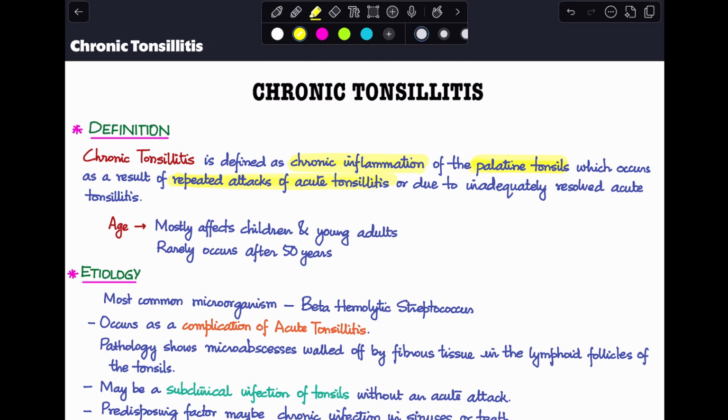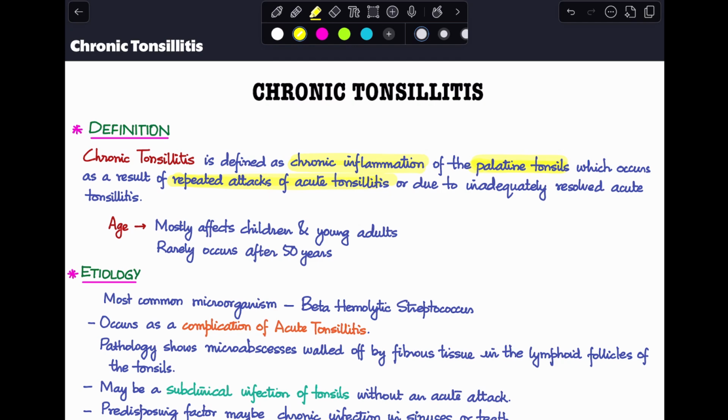We know that tonsils are a part of Waldeyer's ring, which is a major part of the immunity being provided to the upper aerodigestive tract. And when the tonsil gets chronically inflamed, it can be occurring because of two reasons. Either there are repeated attacks of acute tonsillitis, or the acute tonsillitis is not adequately treated. In that case, it leads to chronic tonsillitis.